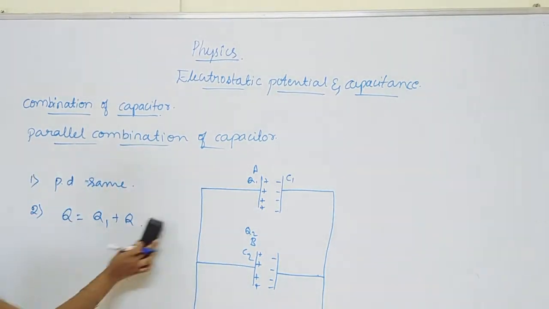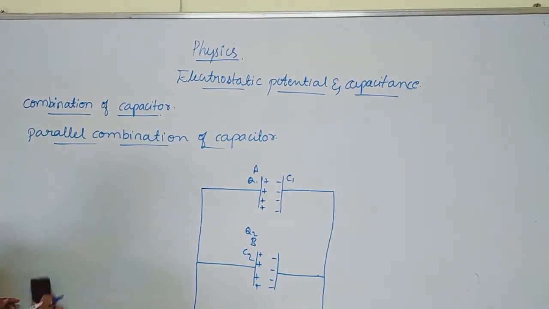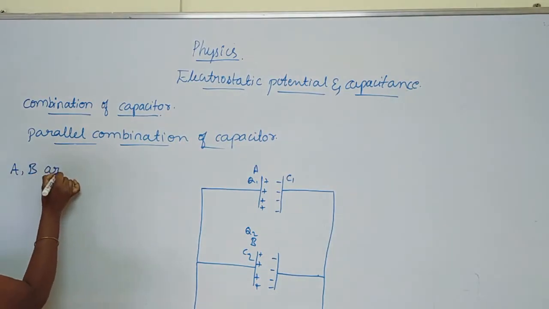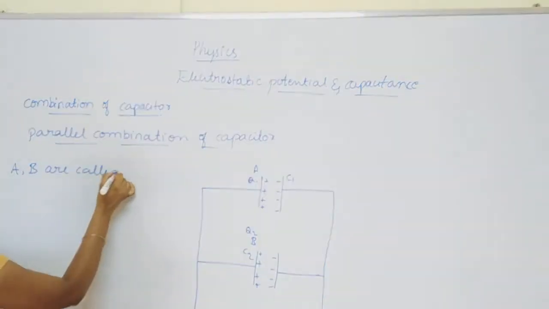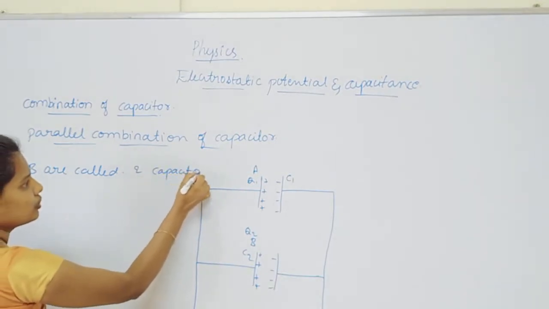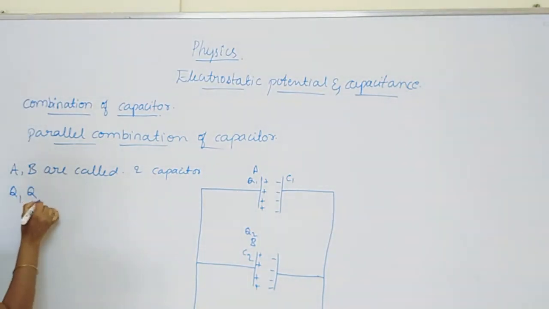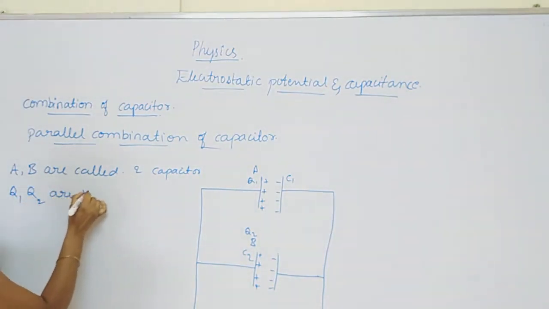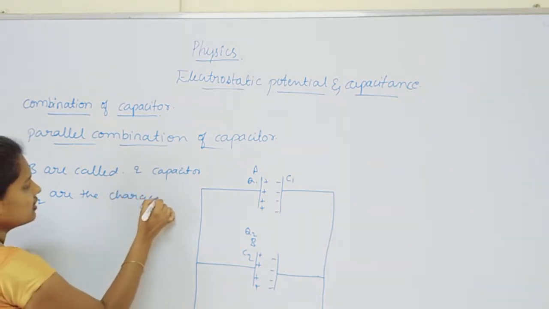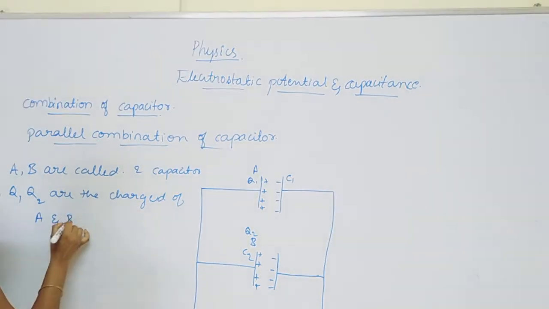Then we have to derive this formula. Here A and B are the two capacitors, and Q1 and Q2 are the charges of A and B respectively.